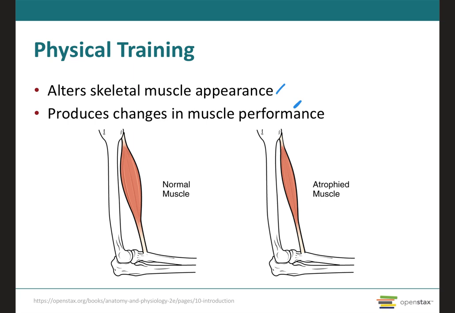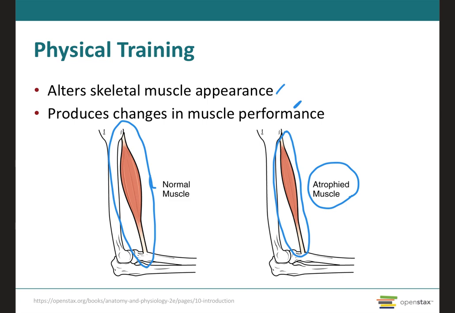Remember? Now the reverse, when structural proteins are lost and muscle mass decreases, this is going to be called atrophy, which is what we have here on this graph. On the right side is an atrophied muscle. You can see how it's smaller when compared to the muscle on the left, which is a normal muscle size.